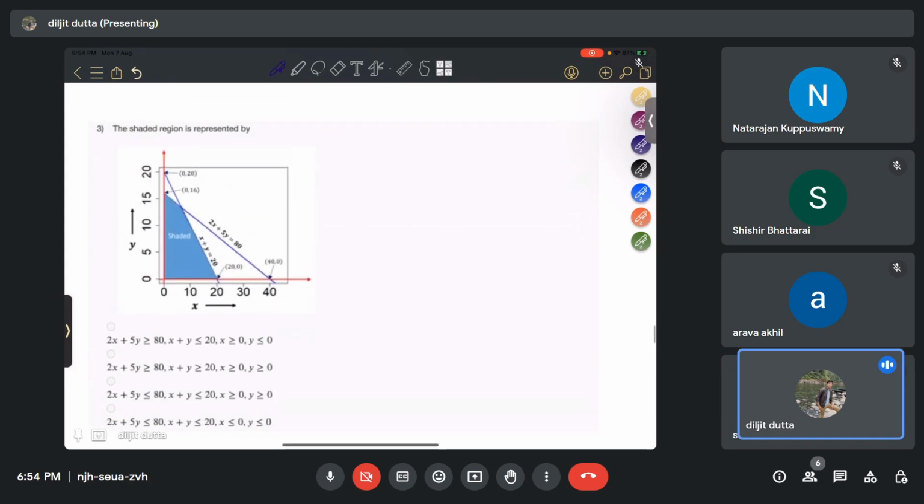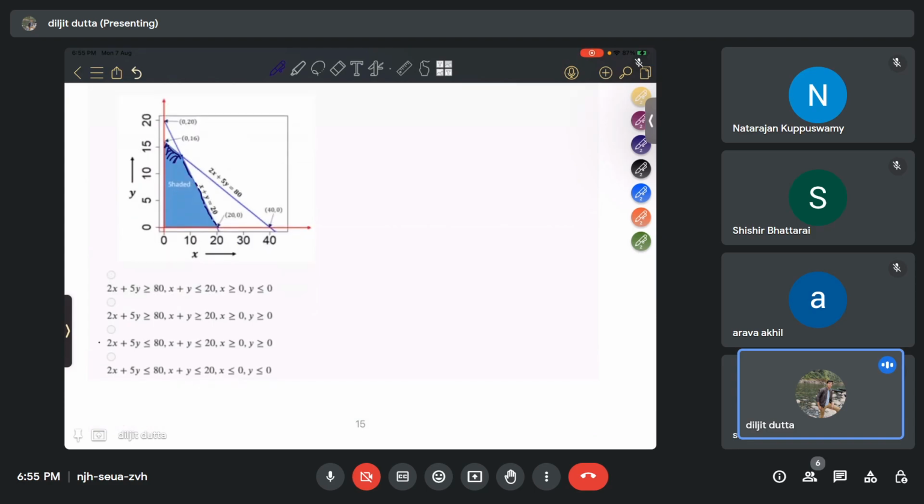We need to find the equations that represent this shaded region. One constraint is 2x plus 5y less than or equal to 80, so it should be either option 3 or 4.